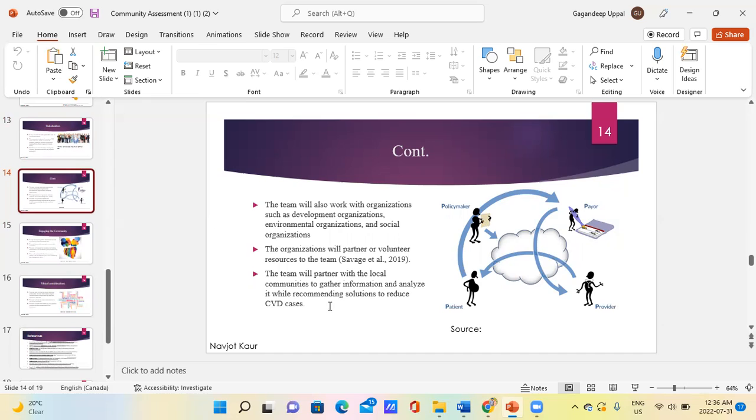They may know the accurate cause of any problem. The organization will partner or volunteer resources to the team. The team will partner with the local communities to gather data and analyze it while recommending solutions to reduce CVD cases. As they all gather at particular places, the team may collaborate with them to gather accurate information from them.